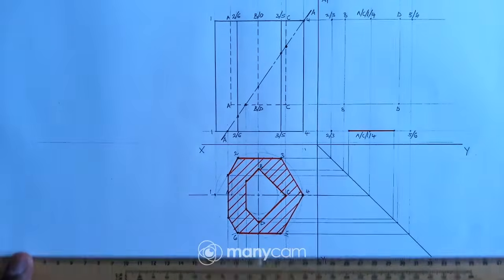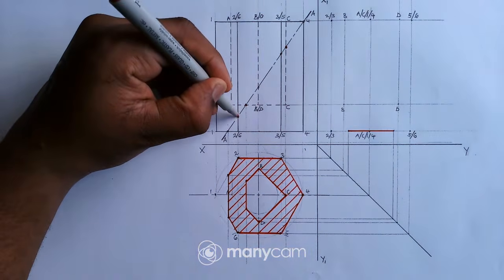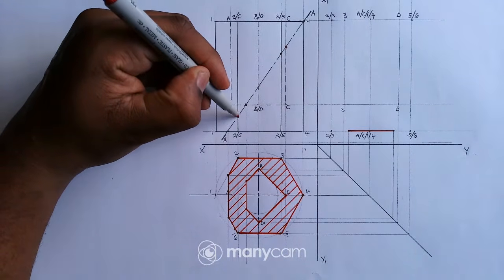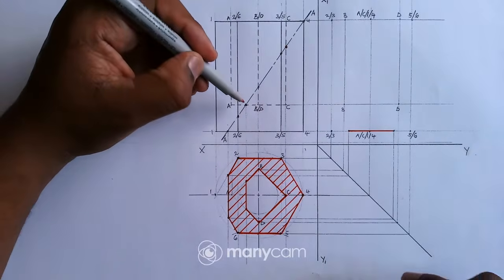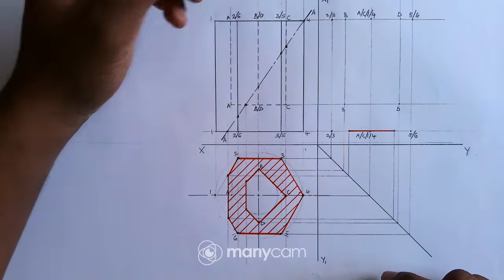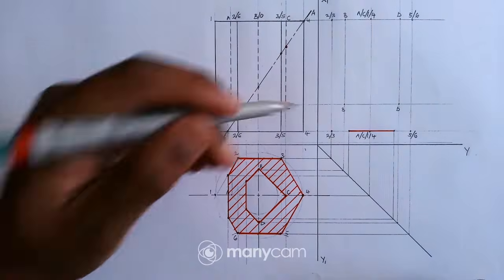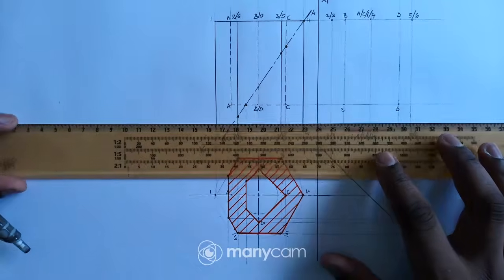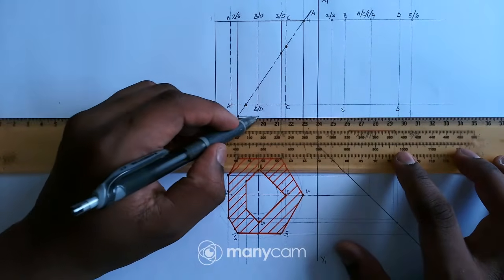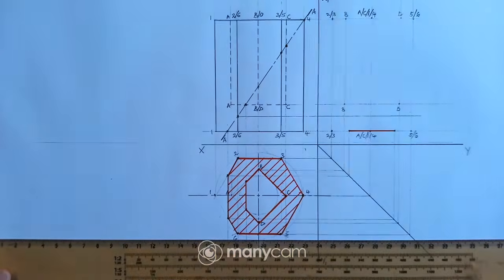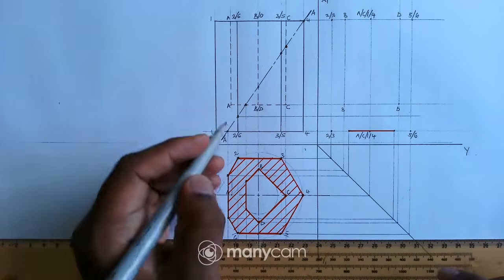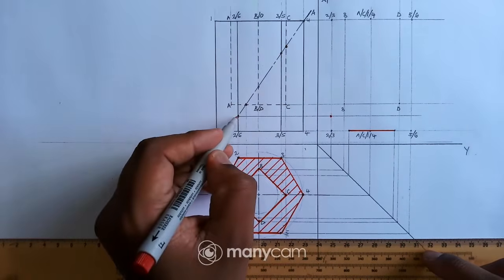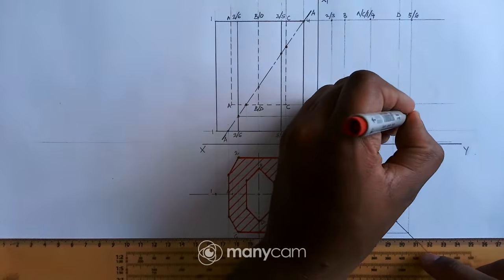Alright, then now I move to this point. Here our cutting plane is cutting line 2-2 and line 6-6. So line 2-2, where is that line? That line is right there. So it means I will have to project that point to this side. So I have line 2-2 there and line 6-6 right there.